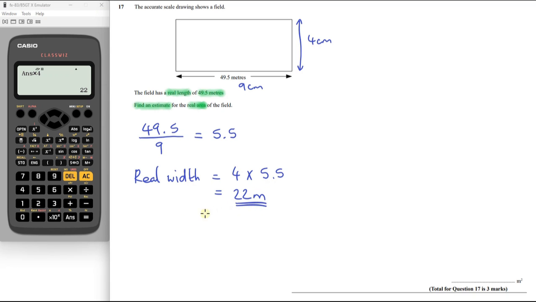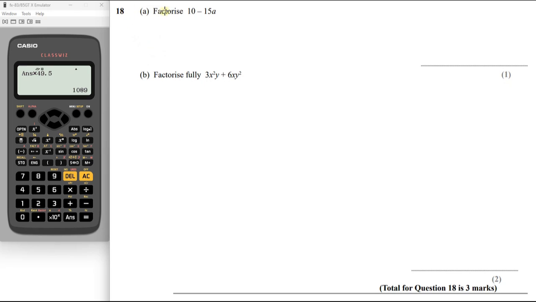Now we have the width and the length, so we can multiply them together to find the area. 22 meters multiplied by 49.5 meters gives us 1089. Meters times meters, so our units are meters squared. This is our answer, 1089.